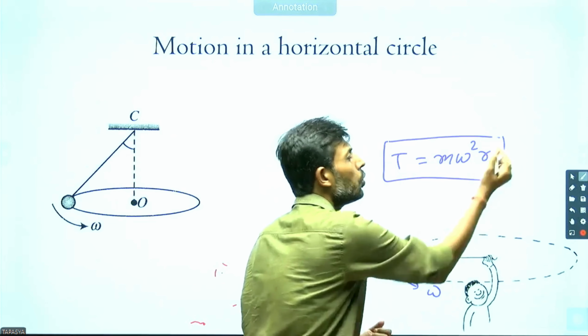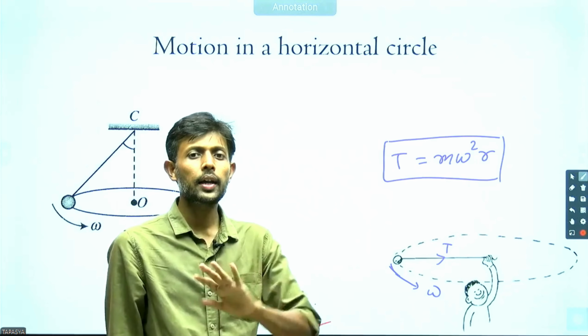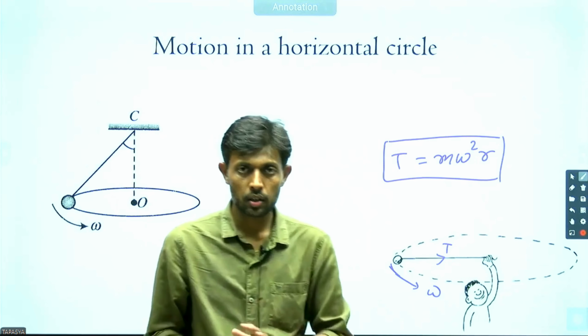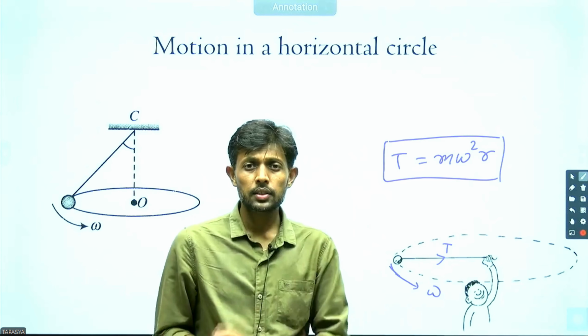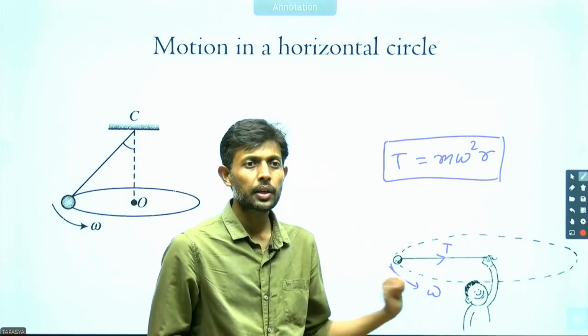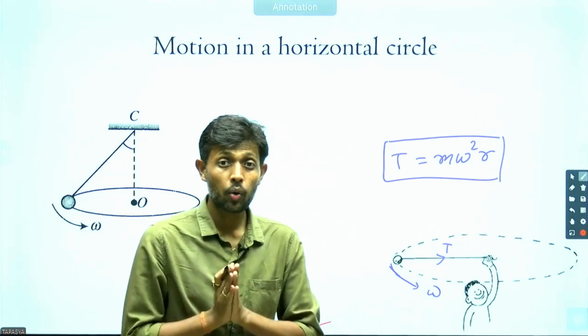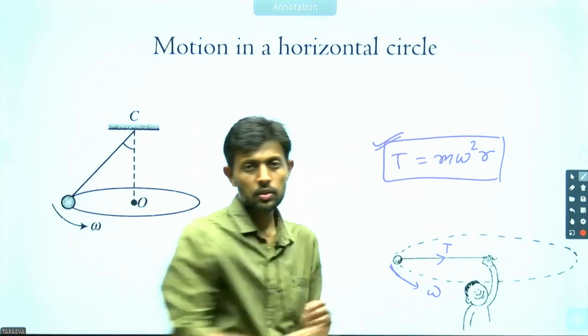And this is the only equation that is needed to analyze this kind of simplified circular motion in a horizontal plane. In a previous year's NEET exam, we have a question exactly based on this. So let's solve that question and see how this formula helps us to get the answer.